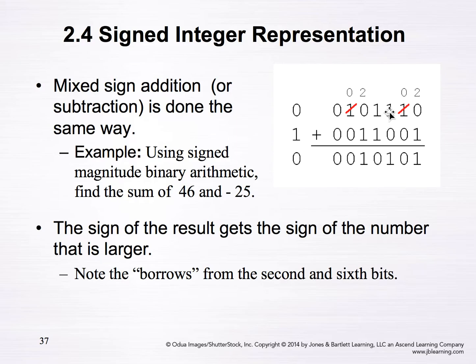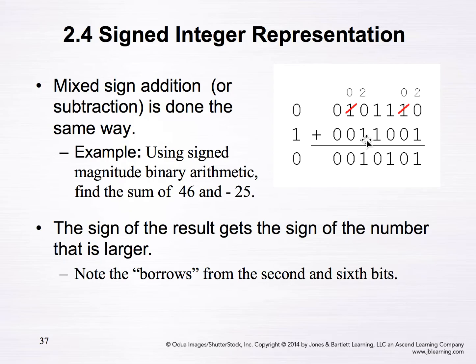So the next one, 1 subtract 1 equal to 0, 1 subtract 1 equals 0, and again right here 0 cannot subtract 1, so we borrow 1 from the higher position, corresponding to the value of 2 in the lower position here.